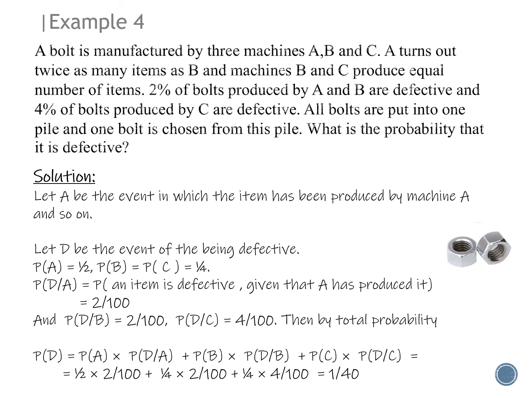Now, by total probability, probability of defective items equals probability of A into probability of D given A, plus probability of B into probability of D given B, plus probability of C into probability of D given C. When we substitute all the values, we get the answer as 1 by 40.